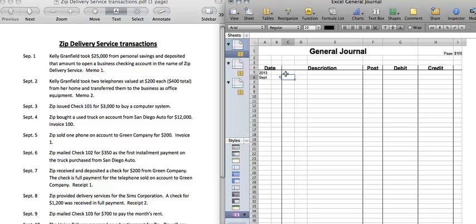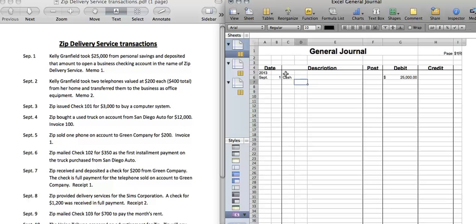So first thing we do is we are going to write in the account we debit. So we know from previously looking at these transactions that we are going to debit cash. So we're going to type in cash, and then we're going to tab over, and since we're debiting it, we're going to enter in that dollar amount. And this spreadsheet's set up already in dollars, so you don't need to use commas or dollar signs, just type in the numbers and it'll appear. Next we know we're going to credit.